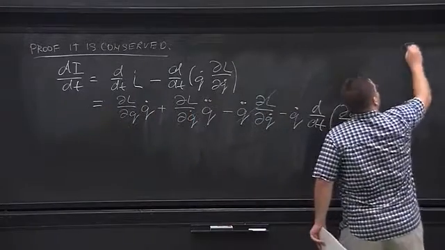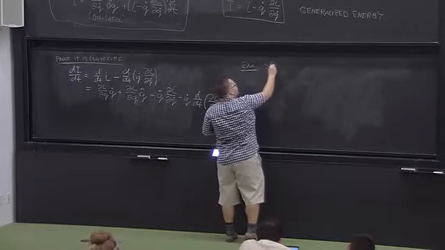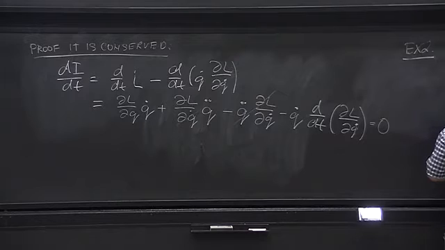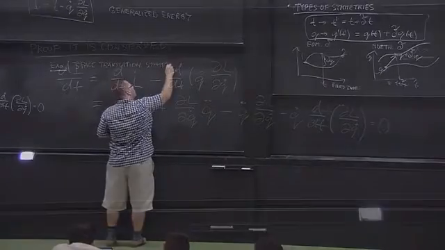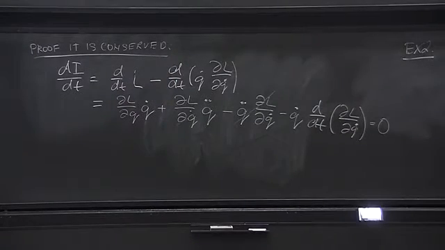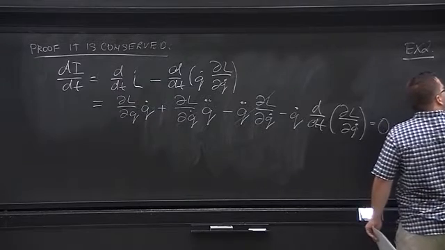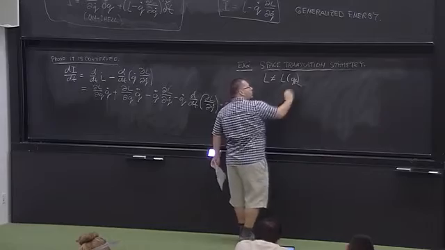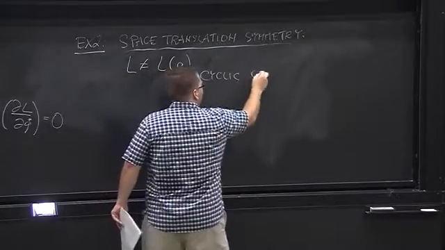Example 2, even simpler, is space translation symmetry. You say that you have space translation symmetry if L does not depend on some generalized coordinate q. That special coordinate q is called a cyclic coordinate.